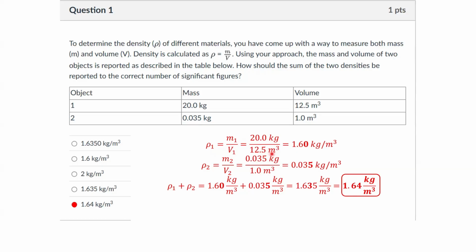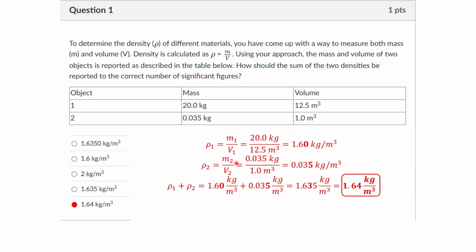The operation is division. Therefore, I should keep 3 significant figures in my result since each of the inputs has 3 significant figures. When I do that division, I get a number of 1.6 on my calculator, so 1.60 would hold the significant figure digit place. For object 2, same process.